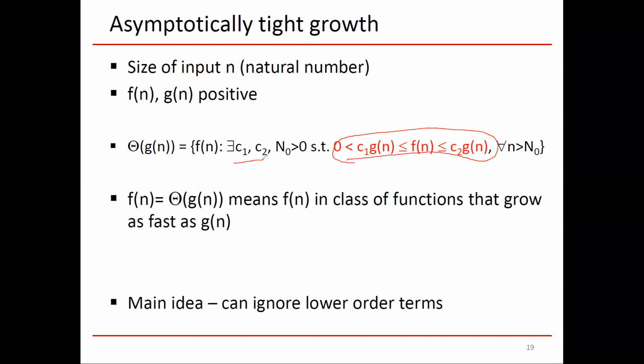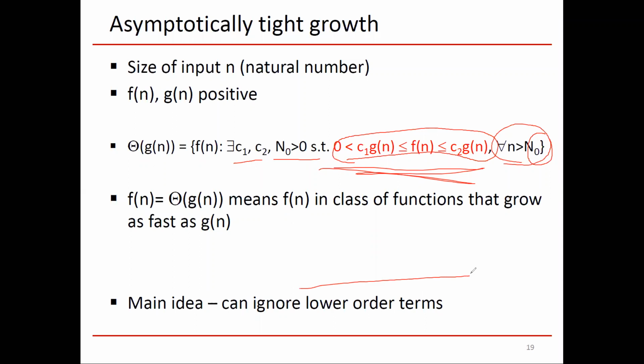C1 and C2 are constants, they're positive. And this inequality must apply for all n that are sufficiently large. So n sub 0 is another positive constant. So bottom line, f of n is theta of g of n. That implies that f of n is in the set of functions that grow asymptotically just as fast as g of n.